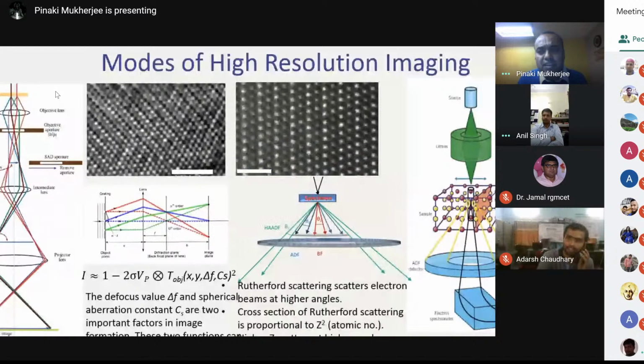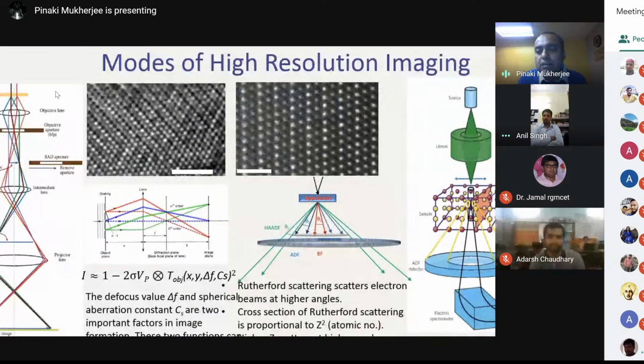So here I have shown a detector which is known as the ADF detector, annular dark field detector, which captures only those electrons which have been scattered at very high angles.